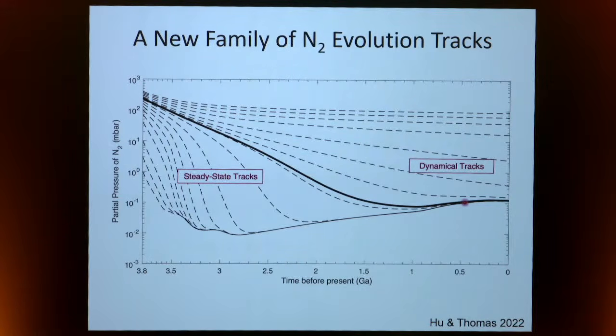The difference here is fairly substantial, because in the steady state, your outcome is controlled by the relative strength of this process, and the isotopic composition of the nitrogen is controlled by the relative strength between the sputtering and the photochemical escape, whereas in the dynamical track, your isotopic composition will be controlled by the cumulative effect of this process.